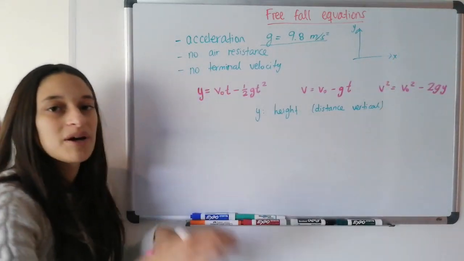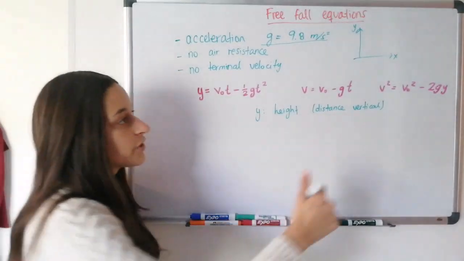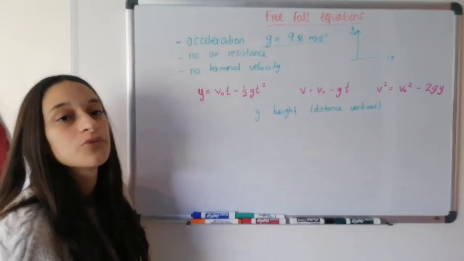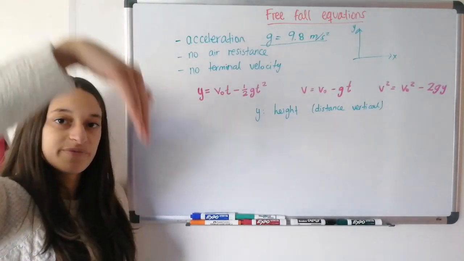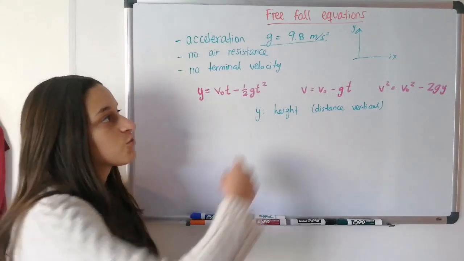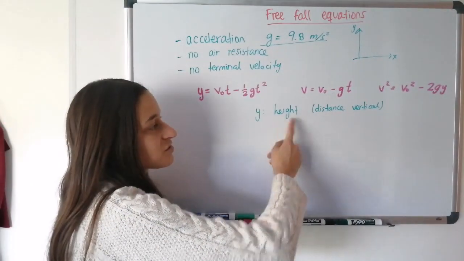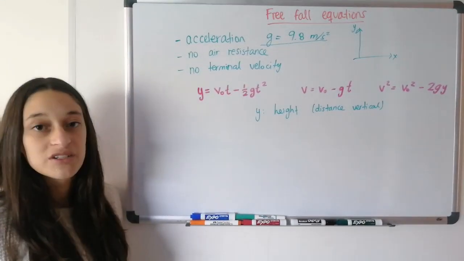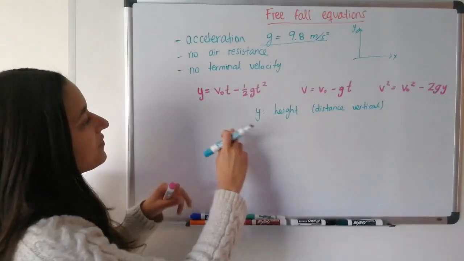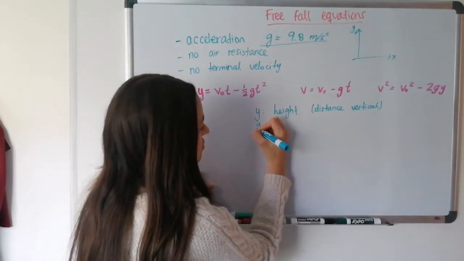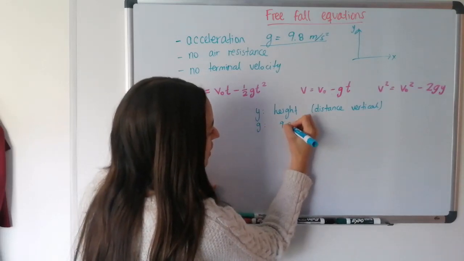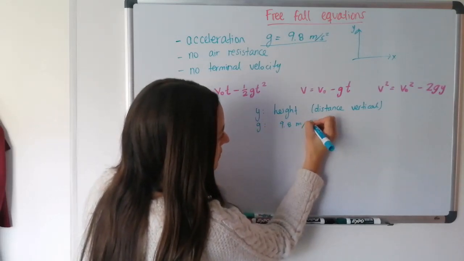So when we're talking about distance that is horizontal, we call it x. Right now we're talking about free fall, things that are falling. Every movement is in the y direction, so we call the distance y. So it can be called the height or the vertical distance. That's y. Then we have g, we already know what it is. It's our acceleration and it's 9.8 meters per second squared always.